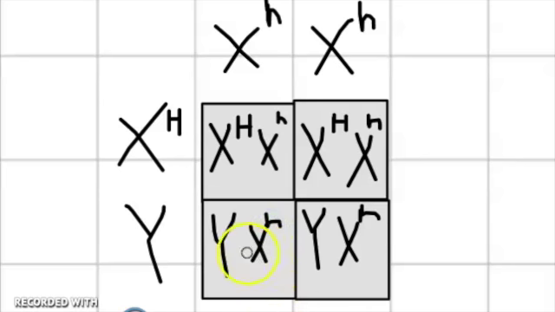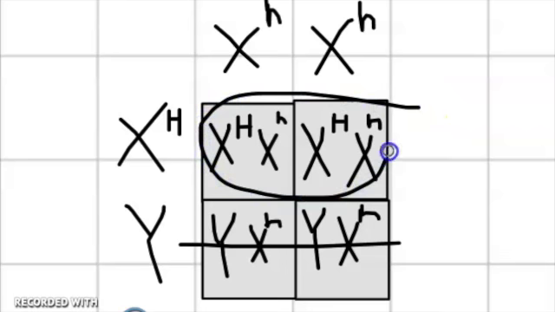We can see here that both sons have the little h alleles, so they are unaffected. They will not have the disorder. But both of these females got a copy of that affected allele, and because of that, they're going to have the disorder.